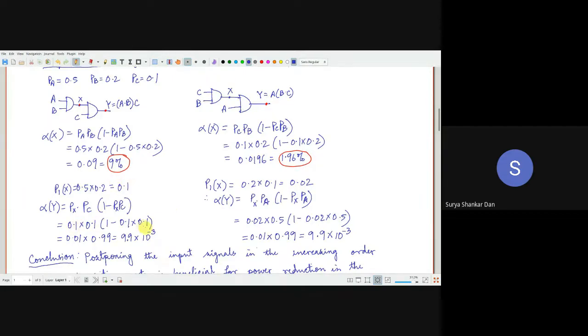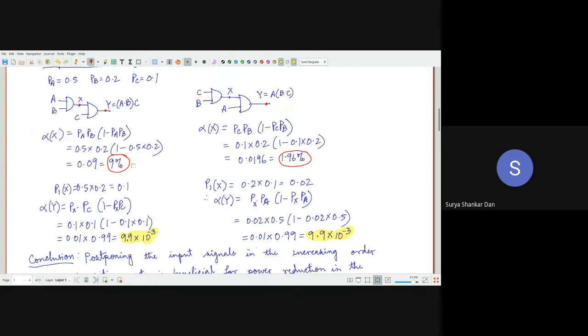I have just done the same. PC is 0.1, given in the question. In the example which I'm showing you, Px was 0.02 and PA was 0.5. So in the end, what is the switching activity at the output node?